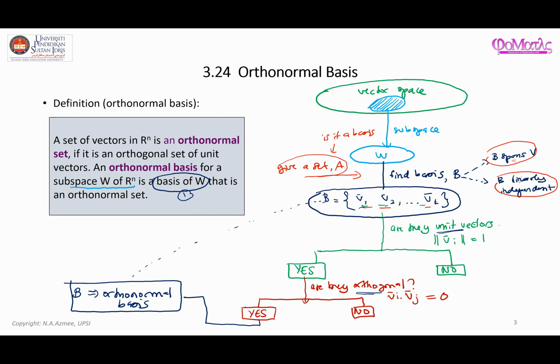If you manage to show these conditions are fulfilled, therefore we can say that A is a basis, and we follow this procedure. We have to check, are they unit, are they orthogonal, and so on. Based on that, we can say that A here is orthonormal if it fulfills all this idea. So that is the process.